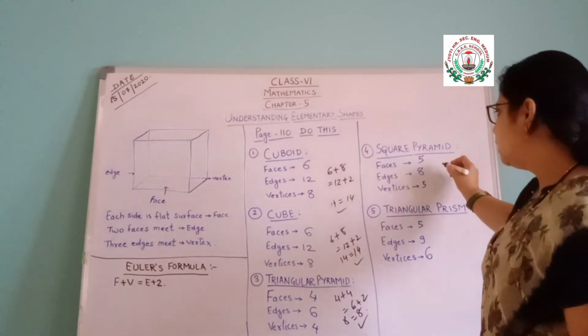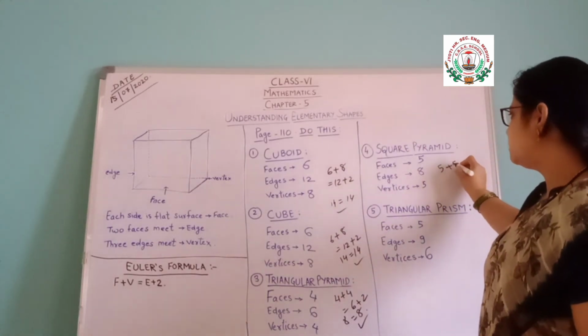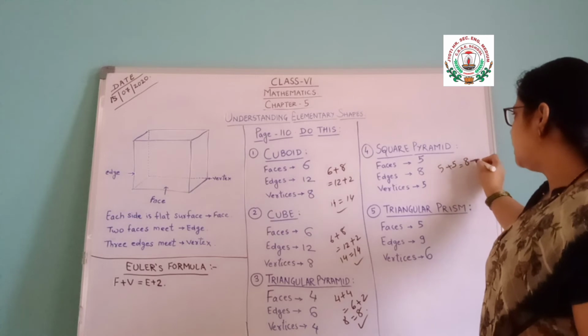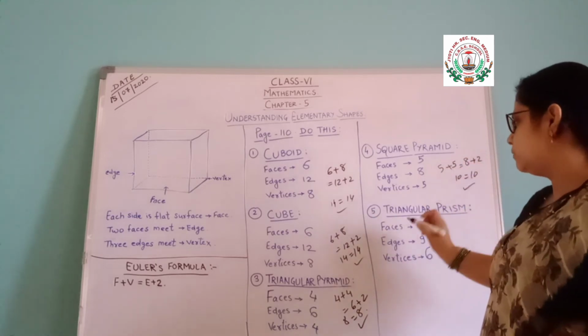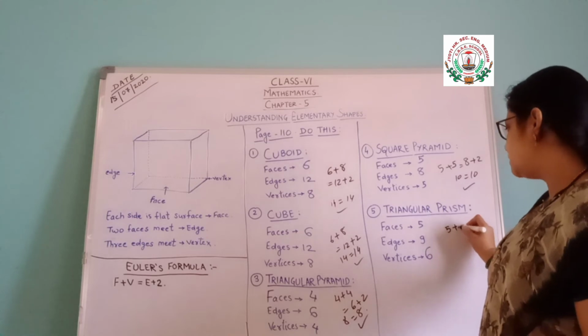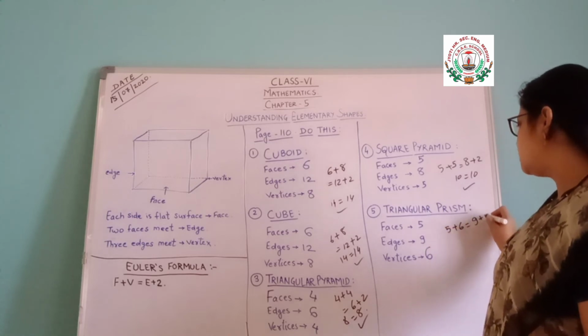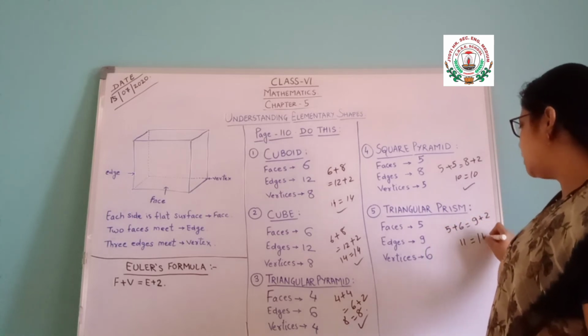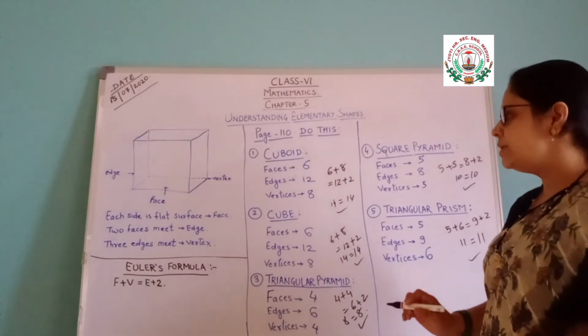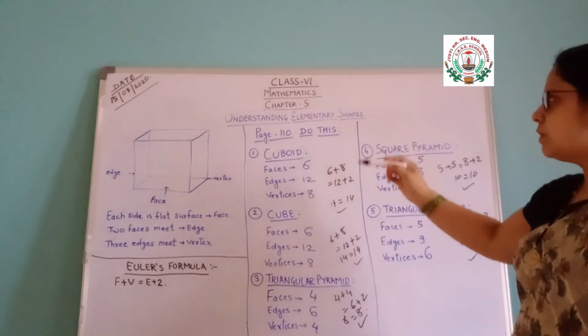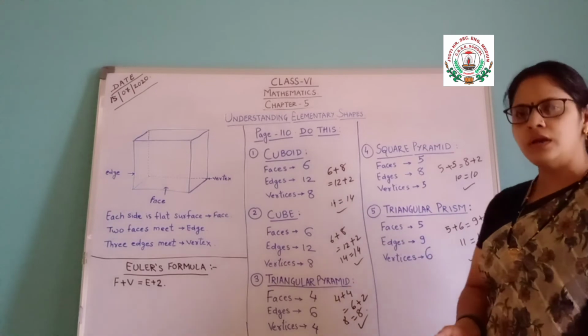Here also F plus V, 5 plus 5 is equal to 8 plus 2, 10 and 10 equal, true. Here 5 plus 6 is equal to 9 plus 2, 11 is equal to 11, true. That means Euler's formula is true for any kind of these polygons.